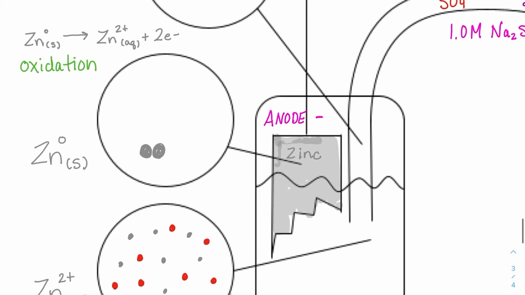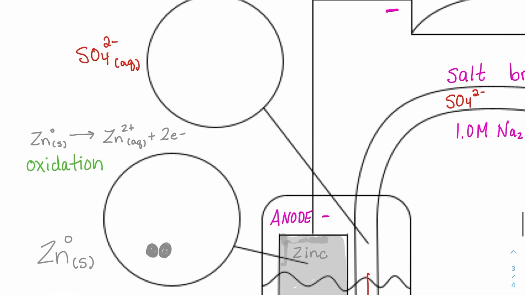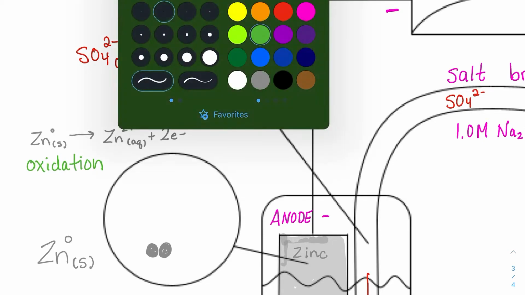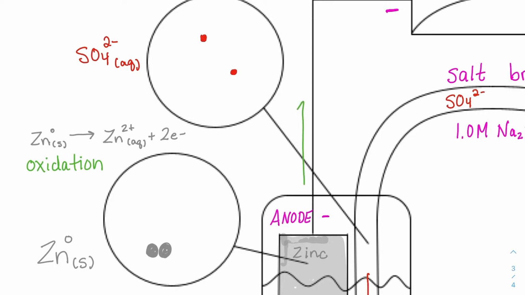So that means again in the salt bridge, I will have to send in some more sulfate to balance that charge. I'm going to say the same thing as the last video, 2 more sulfate will have to enter. And the whole point of this is to generate these electrons that are going to go up through this wire.